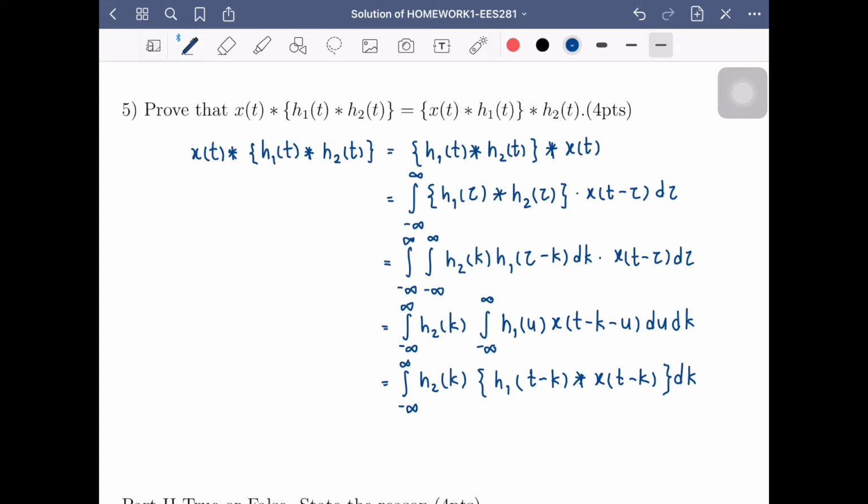And then we have the same k, right? So we can say that this is equal to h2(t) convolution with x(t) convolution with h1.